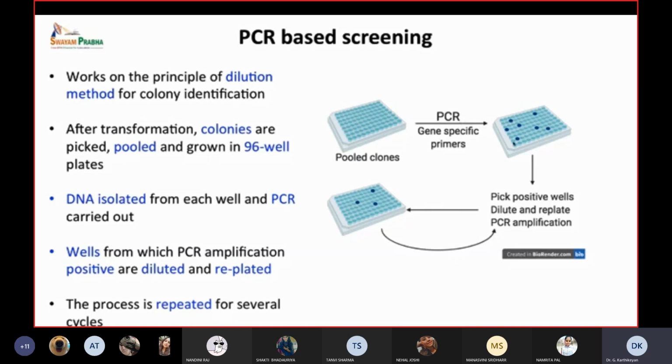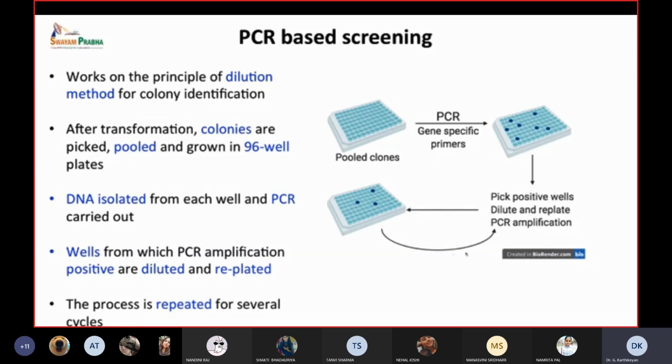So you pick these positive wells, and because initially you had 50 colonies in each of these wells, now you dilute each of these many times in such a way that when you plate them again, it is 1 colony per well. And then again you do the PCR. You may again hit a certain number of colonies which are positive.